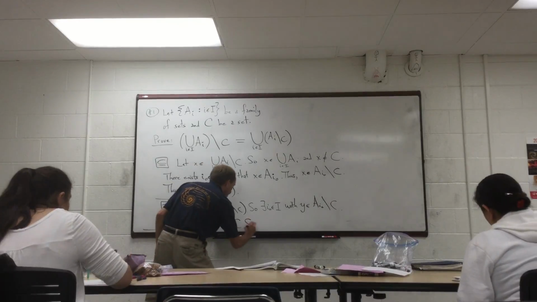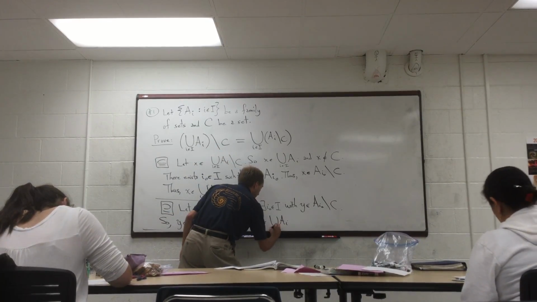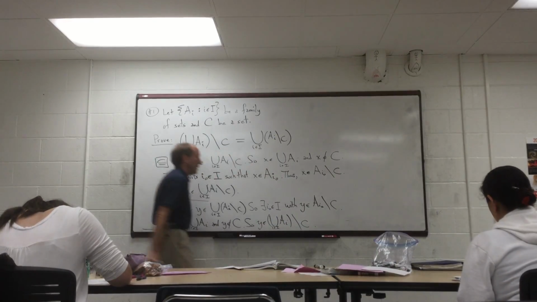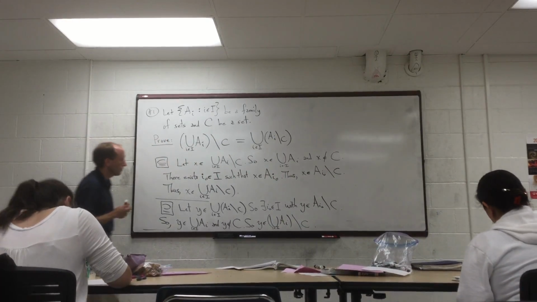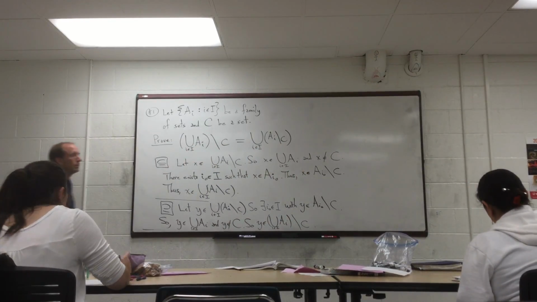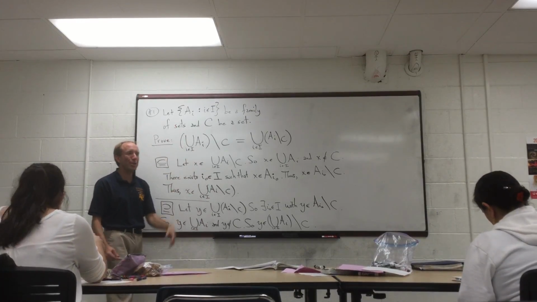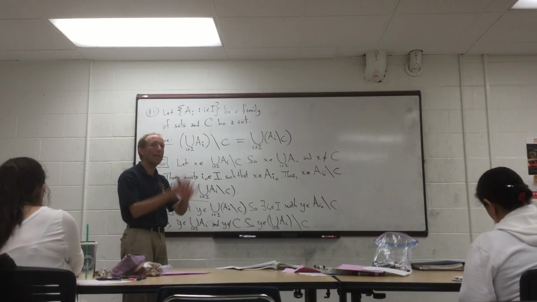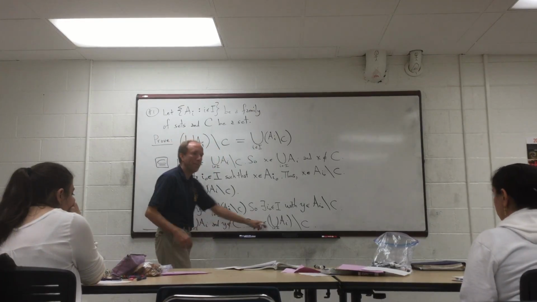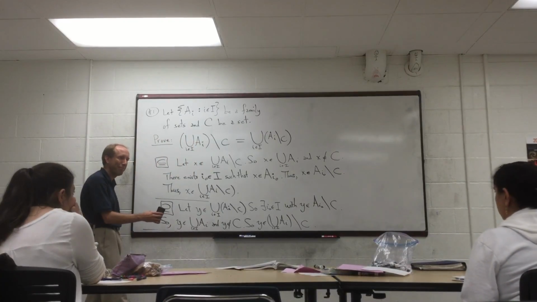So Y is in the union of the A sub I's, I in capital I, minus C. Does that seem okay? This is just a straightforward set theory problem. It goes way back to the stuff we did early on. We good with that?